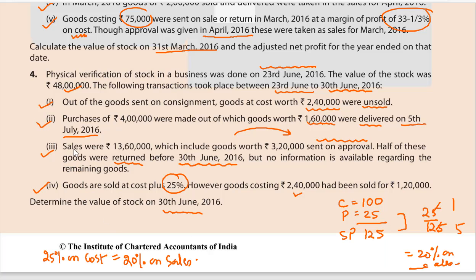Let us see point number 3 now. Sales were 13 lakh 60,000, which included goods of 3 lakh 20,000 sent on approval. Half of these goods were returned before 30th June, but no information is available regarding the remaining goods.